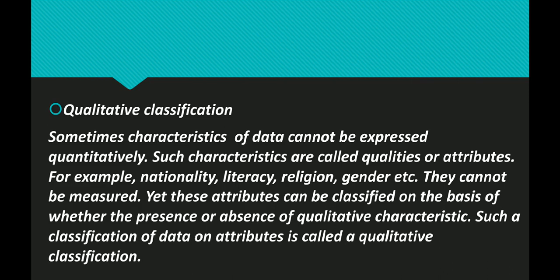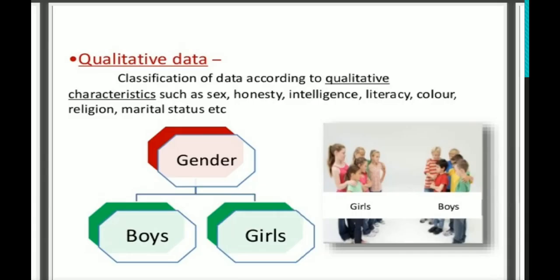Such a classification of data on attributes is called qualitative classification. Classification of data according to qualitative characteristics such as sex, honesty, intelligence, literacy, color, religion, marital status, etc.